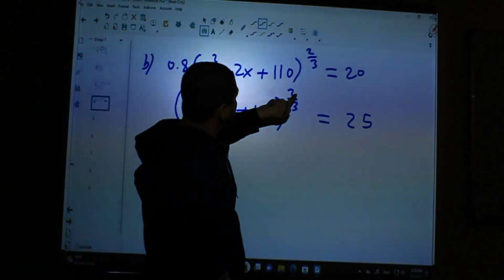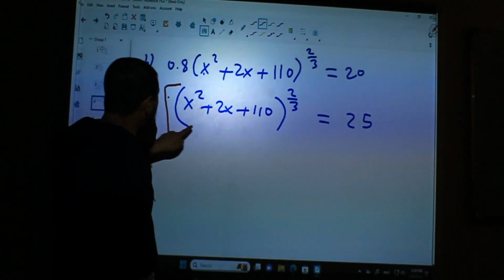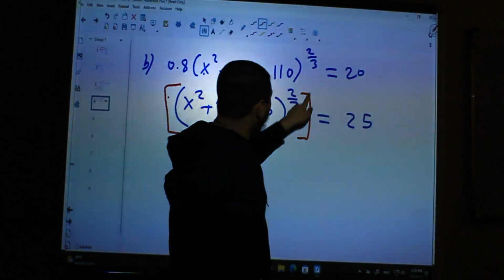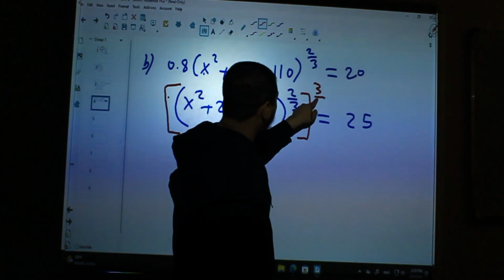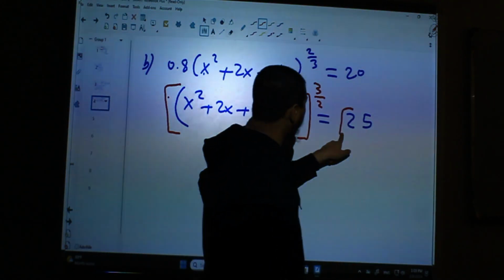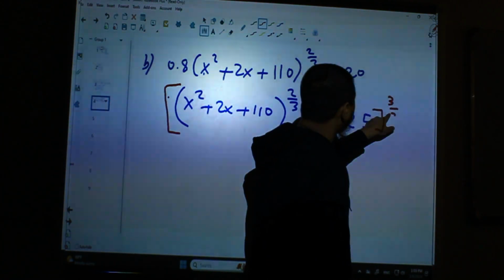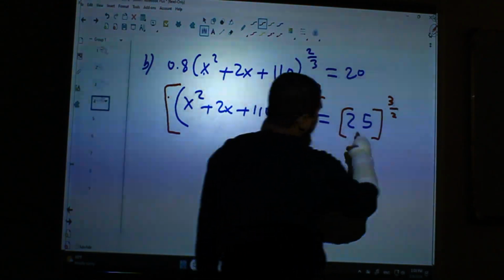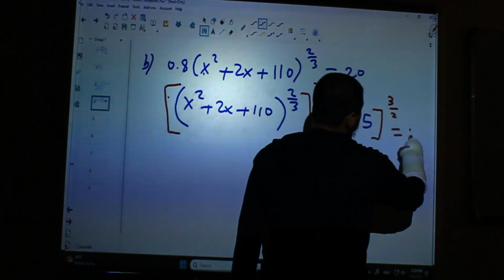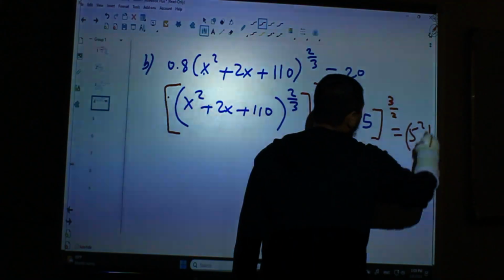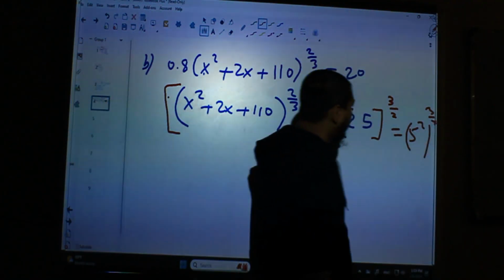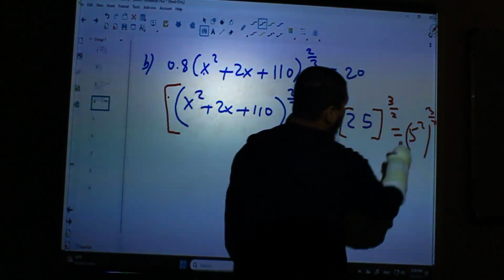And because it's to the power 2 over 3, we will raise both sides to the power 3 over 2. Right? And that's that to the power 3 over 2. But now we know 25 is 5 squared. So that's kind of like 5 squared to the power 3 over 2, and 3 over 2 times 2.